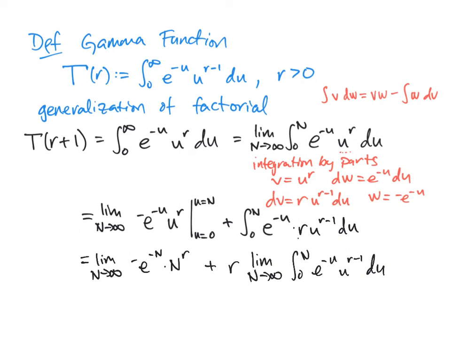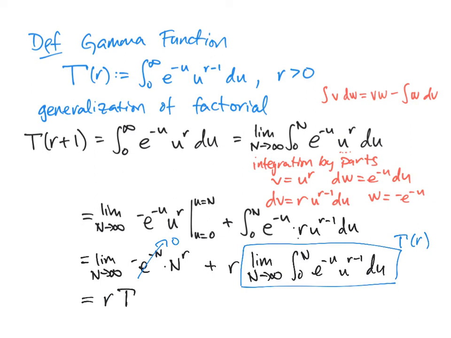Okay, so now this last integral with the limit, if I put the limit in, is the integral from 0 to infinity, so this is exactly equal to gamma of r. And then in this limit here, as n goes to infinity, we get e to the negative infinity, and so that goes to 0. And so then we get exactly what we wanted. We get r times gamma of r.